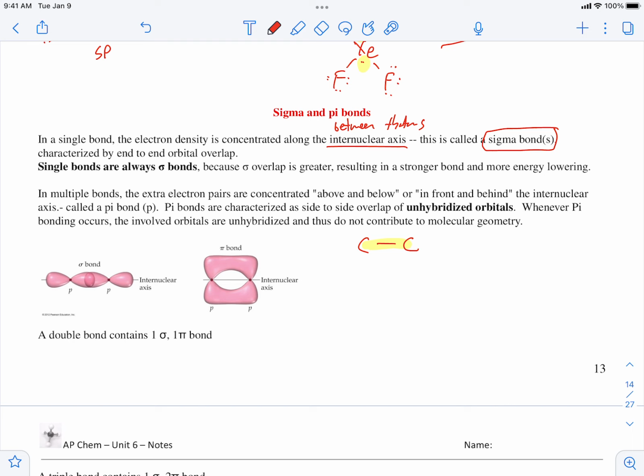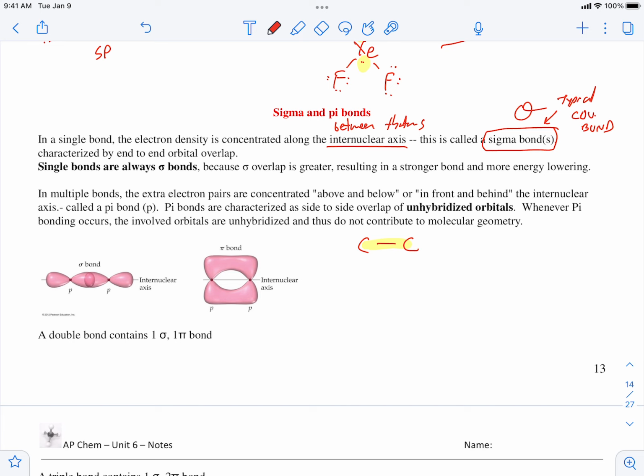And a sigma bond has the Greek lowercase letter. It looks like this, kind of like a cursive O with a tail at the top. So sigma bonds are your typical covalent bond. All covalent bonds form with electrons concentrated between the atoms.